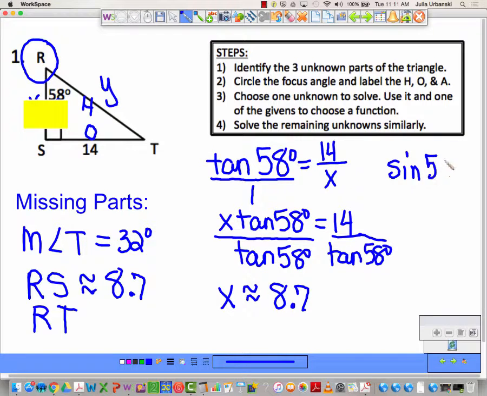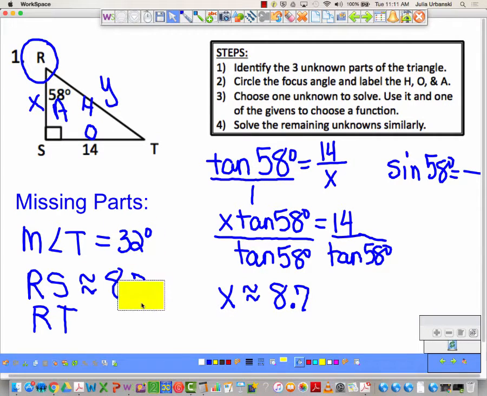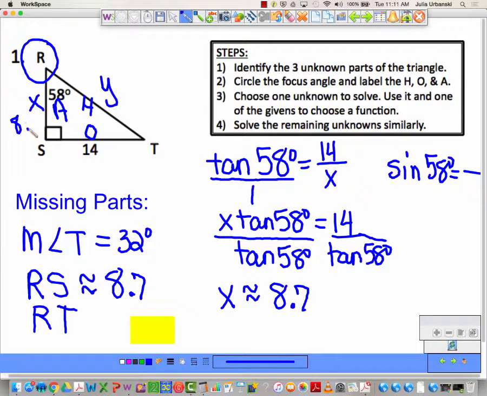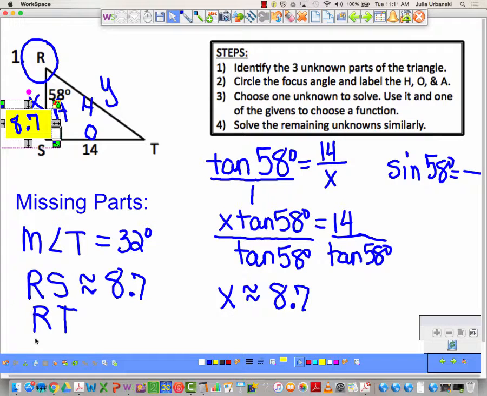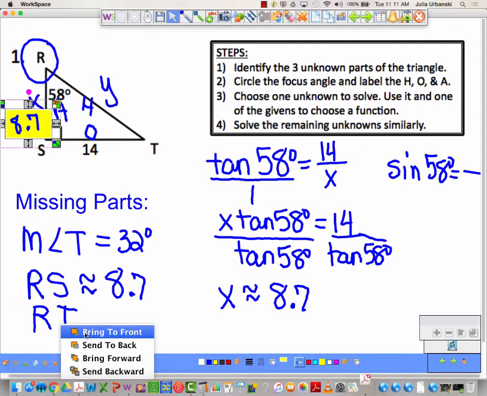It's not wrong to use Pythagorean theorem, but your answer will come out slightly off from mine because if you use Pythagorean theorem with an estimated 8.7 right here, your answer is still going to be an estimation of an estimation. By using the sine instead, I'm using exact numbers, 58 and 14. So like I'm trying to tell you, it's not necessarily wrong. It's just a matter of what's going to come out to be the best of the answers.